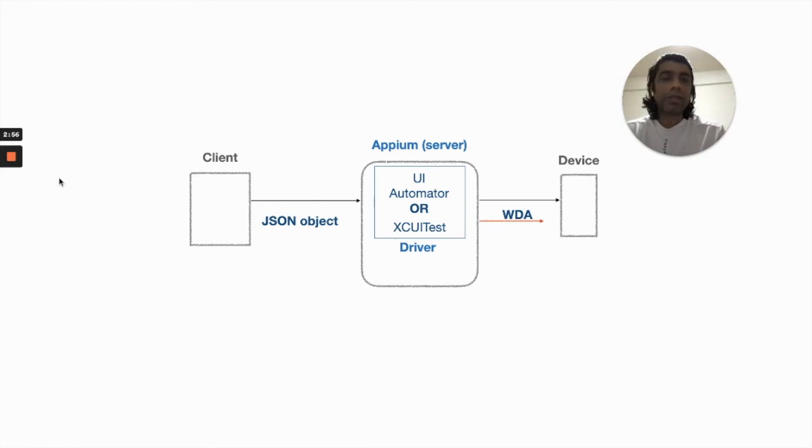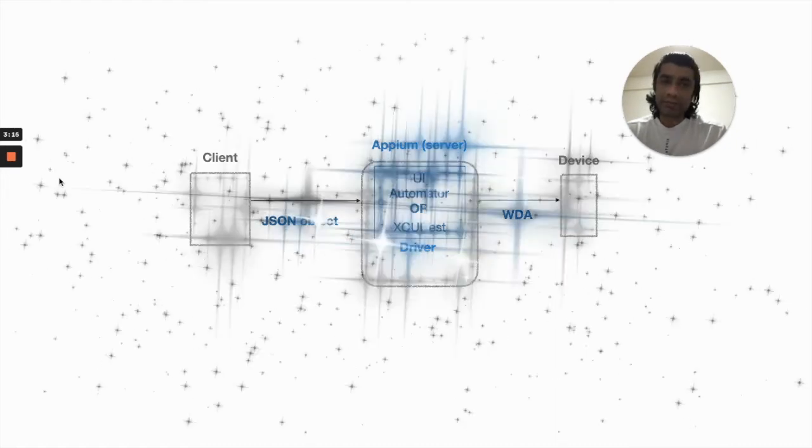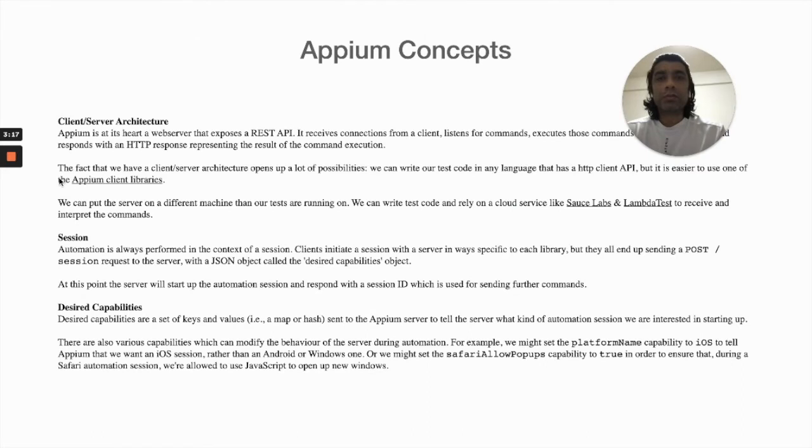WDA is nothing but the WebDriver Agent, which gets installed on the device, and then it listens for commands. The main responsibility of the WebDriver Agent is to listen for the commands and execute those commands on the device. So this is about the architecture of Appium.